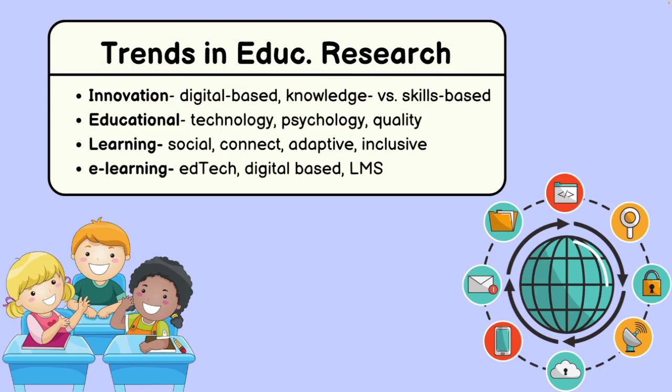And most recently, e-learning has become the buzzword with the expansion of the internet and all digital based learning, especially after the pandemic. There's much research because, of course, there's a lot of data that is coming in. So that is presenting an opportunity for research. So those are some of the main areas where research is growing rapidly.